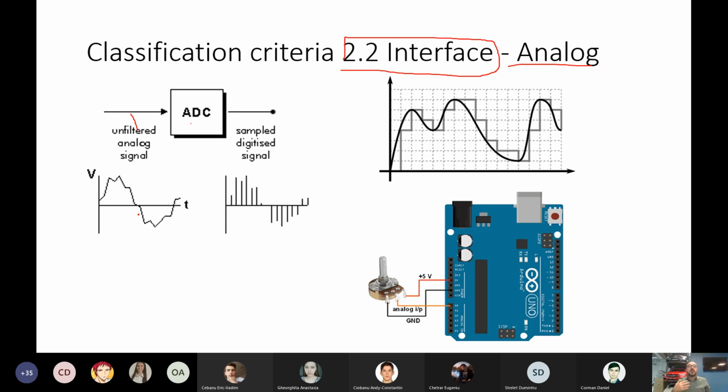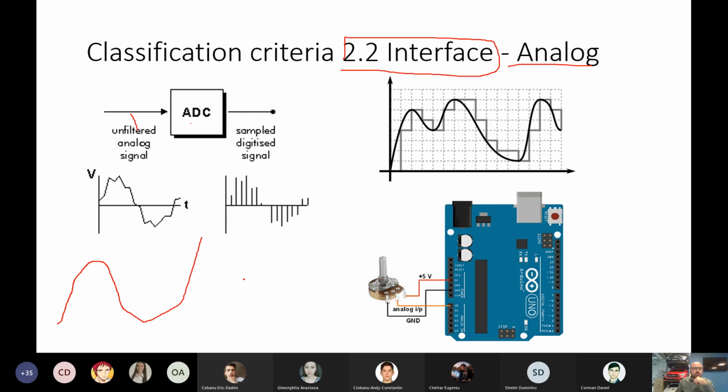We are measuring it in some values, and usually in the real world, the values in the physical environment are continuous values.